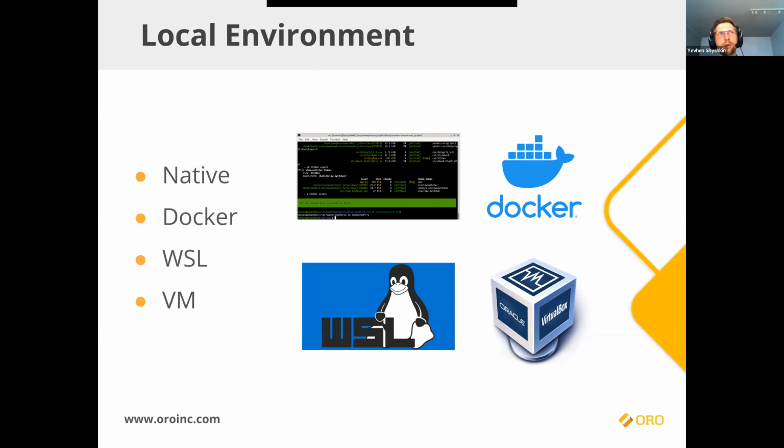The second way you can do it is a hybrid between the native and the Docker. Let's say you can install PostgreSQL as a Docker container, Elasticsearch as a Docker container, RabbitMQ as a Docker container, and so on, while the actual code, the web server and the PHP, will be run on the native environment. This kind of hybrid is very convenient because you still have all the power of your operational system through the direct access to it.